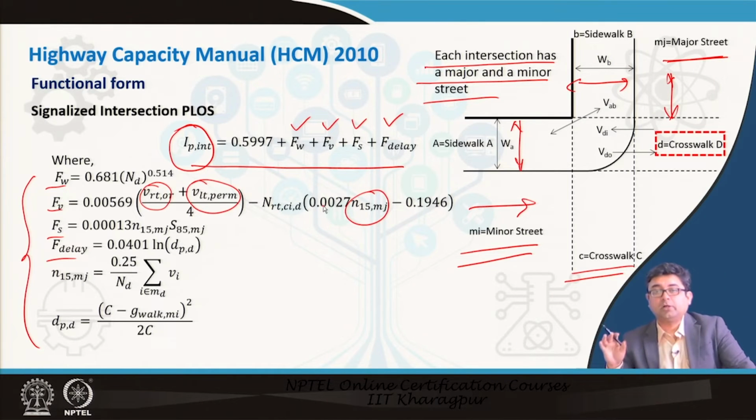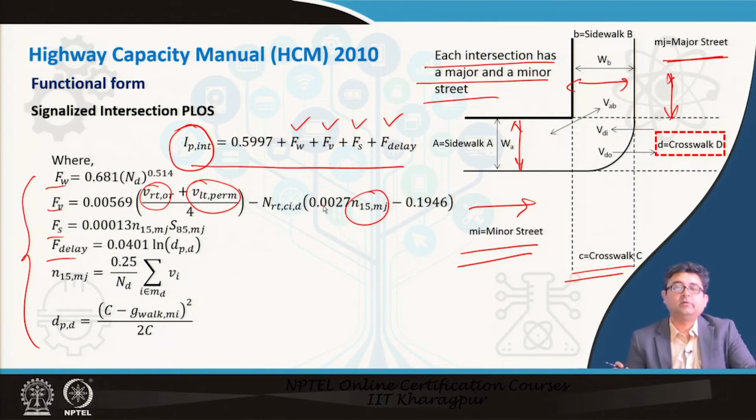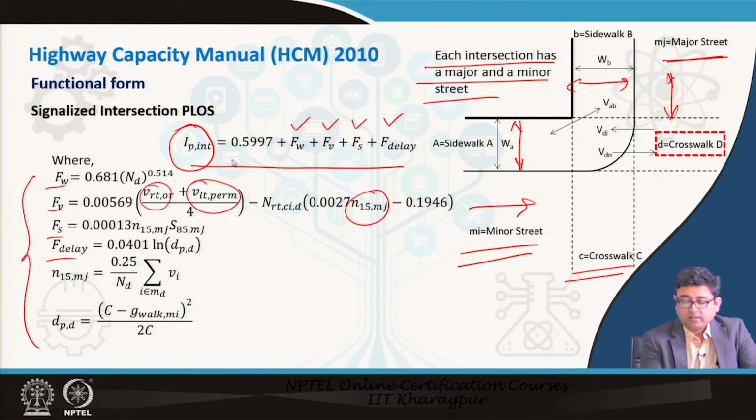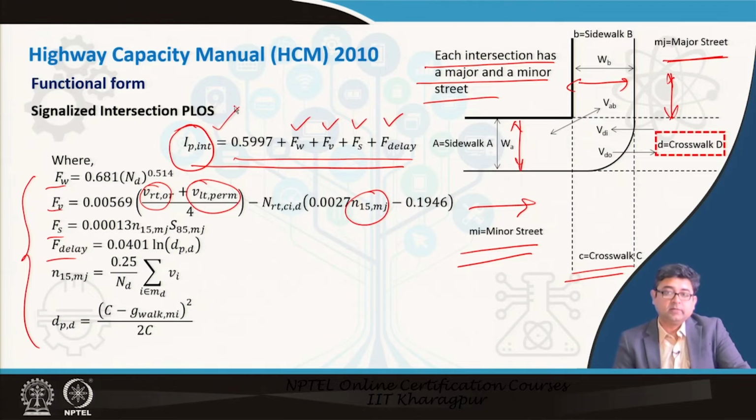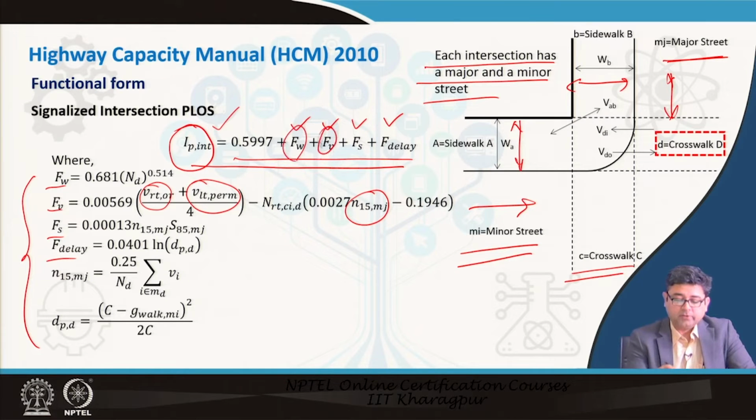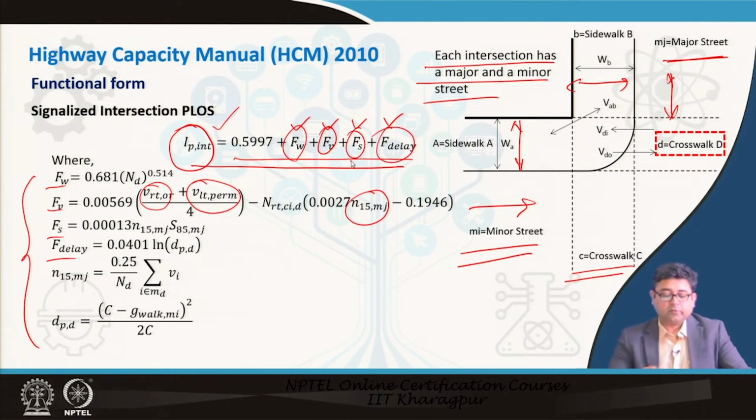For the particular intersection for which you want to develop a pedestrian level of service, you have to always capture a certain amount of data. If you put that data in this model, it will give you a pedestrian level of service score for that intersection. Now, let us look into what individually all of these 4 elements are.